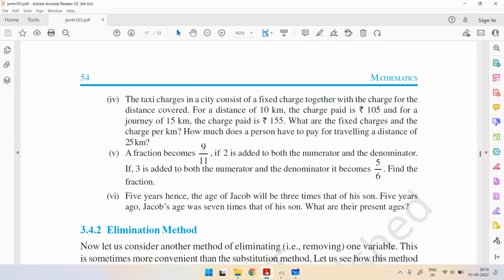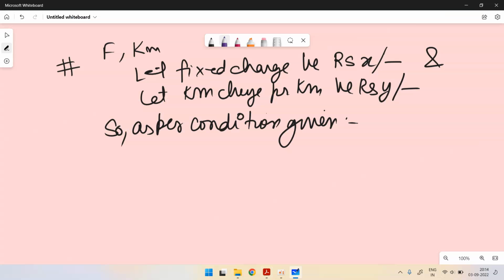First, for 10 kilometers the charge was 105, so 105 was paid as a charge. The charge is fixed, so x will always be there. For 10 kilometers, the charge paid was rupees 105.